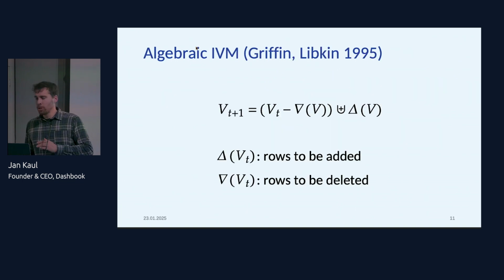As I said, there are multiple techniques for incremental view maintenance, and there also has been a talk at a previous DataFusion meetup presenting one. But I'm going into the topic of algebraic incremental view maintenance, where we try to calculate the next state of our output from the previous state and use certain functions which define how we can calculate the rows we need to add and the rows we need to delete from our previous state.